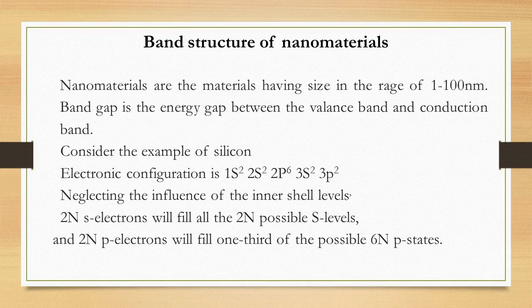Let us consider an example of the silicon atom, whose configuration is 1s2, 2s2, 2p6, 3s2, 3p2. Neglecting the influence of the inner shell levels, 2N s electrons will fill all the 2N possible s levels, and 2N p electrons will fill 1/3 of the possible 6N p states. The p state has a vacancy for 6 electrons.